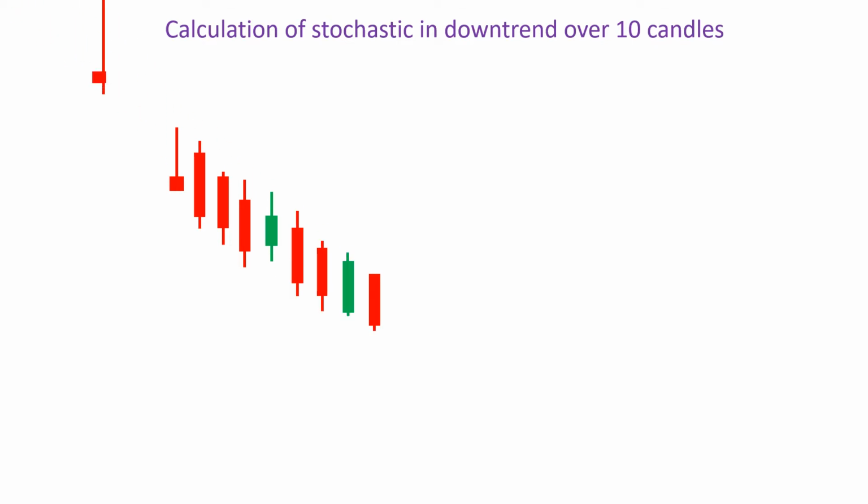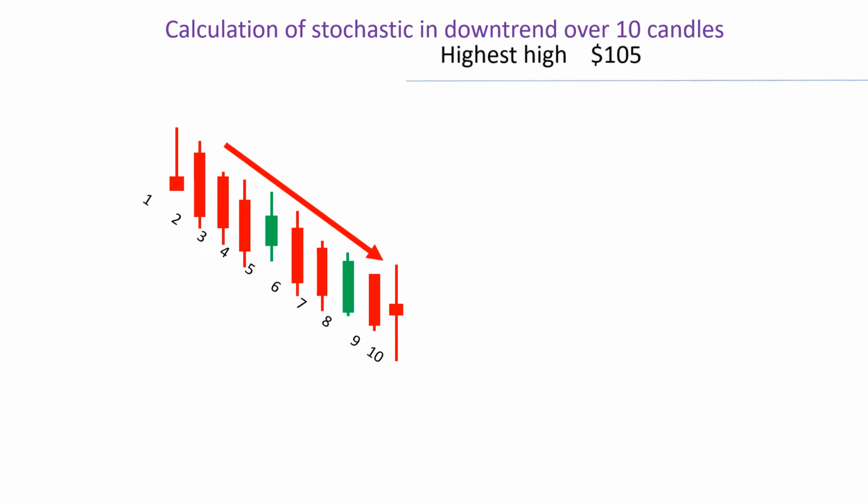I'm also going to show you how you calculate the stochastic value in a downtrend over 10 candles. Let's assume you have 10 candles in line, which are going downward.